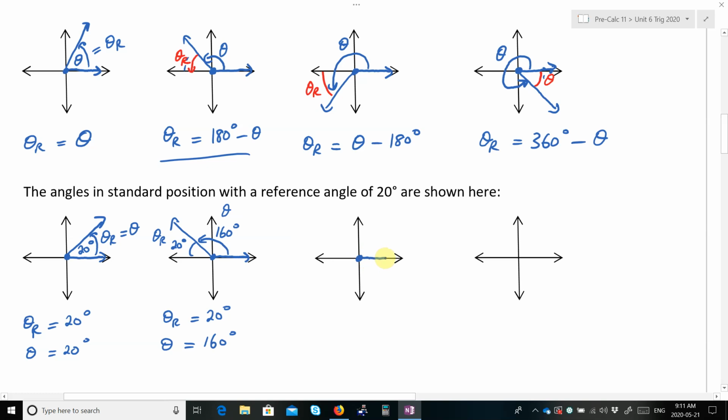Okay, how about a reference angle of 20 degrees in the third quadrant? This is where our 20 degrees would be. The whole big angle would be like that. So you can see that it's 180 plus 20. So that's going to be 200 degrees.